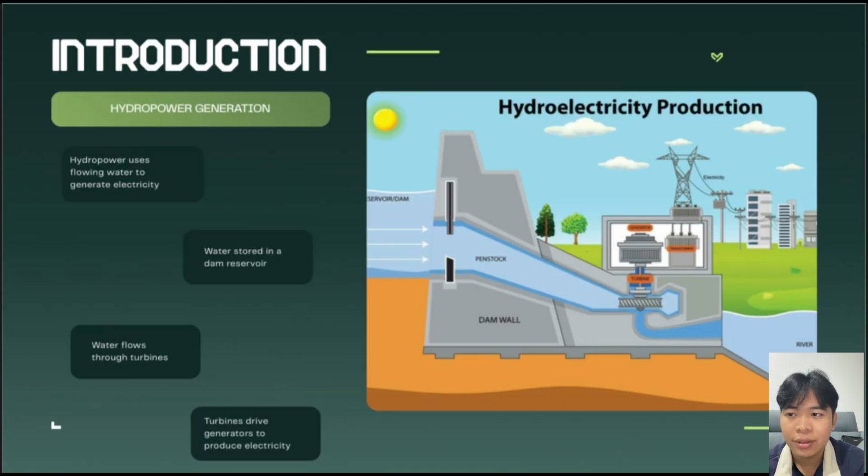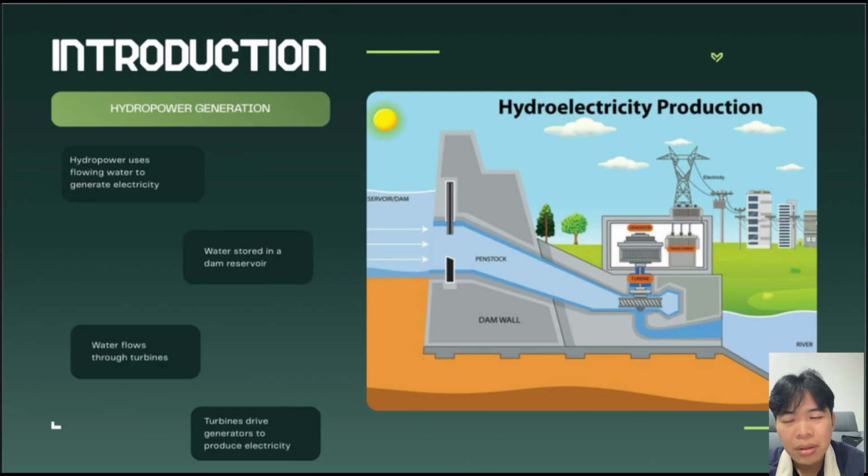Hydropower generation. Hydropower uses flowing water to generate electricity. Power is stored in a dam reservoir. Water flows through turbines, and turbines through generator to produce electricity. Hydropower is a method of generating electricity using flowing water.